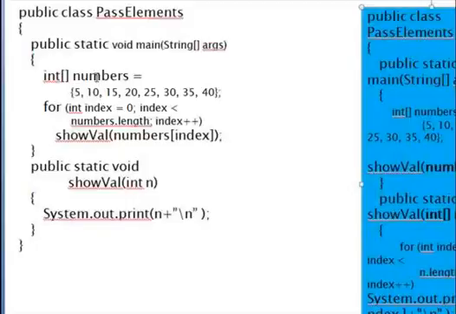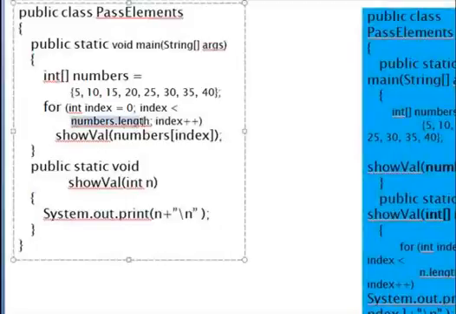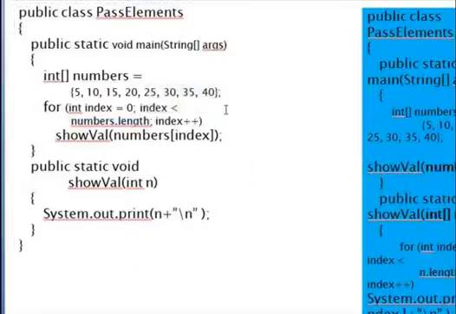Number, if you notice, is an object, and because it is an object, I can access the length of that object. So number.length is going to give me the value 8.